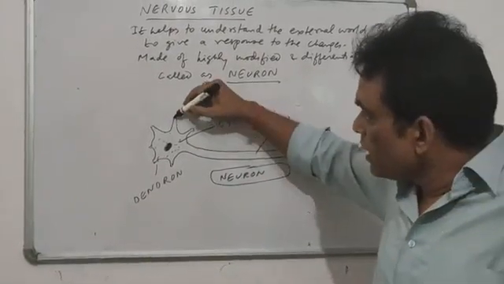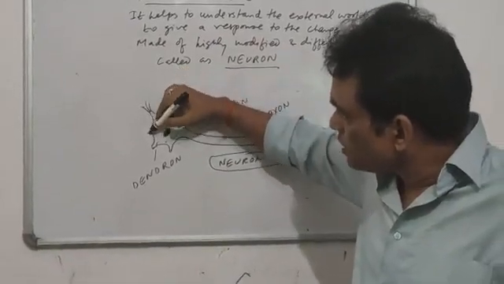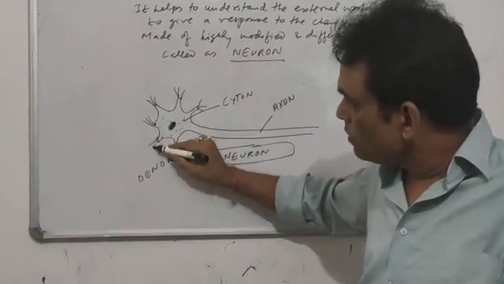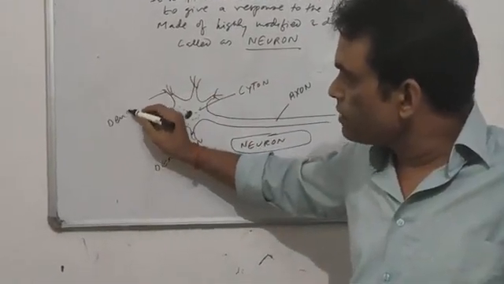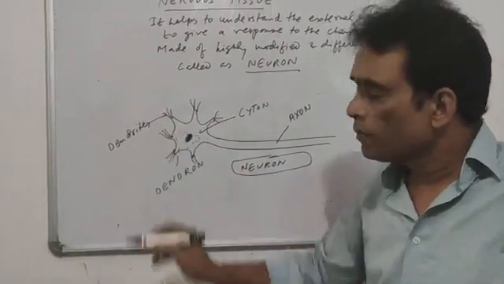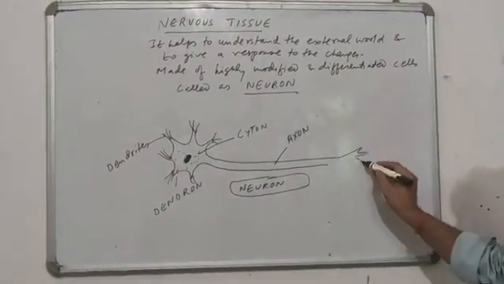From the dendrons there arise minute hair-like projections. These are called dendrites. And the axon end develops branches.